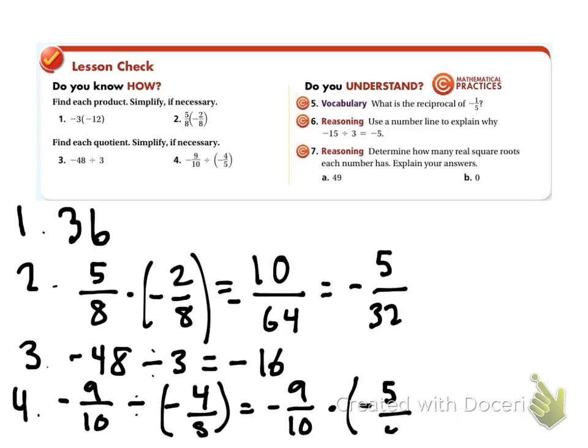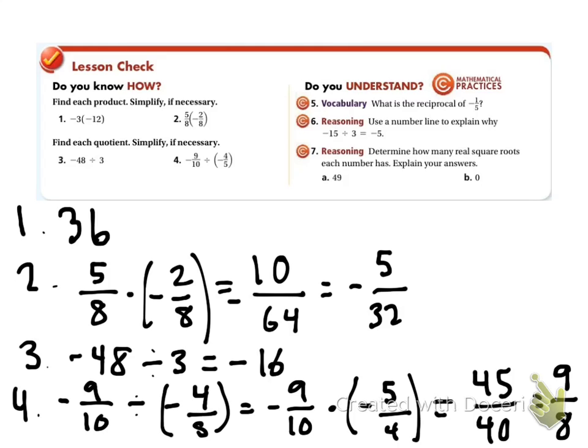So 5 over 4. Negative times a negative is going to give me a positive, and then I multiply across on the top. So 9 times 5 gives me 45. And 10 times 4 gives me 40. 5 goes into each of these, so I can divide by 5. 45 divided by 5 gives me 9. 40 divided by 5 gives me 8. My answer is 9/8.